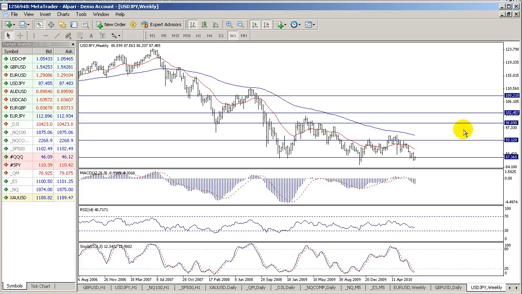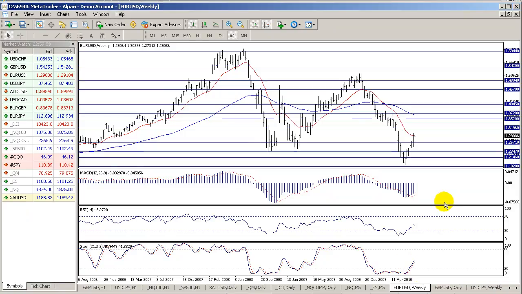And now let me go briefly to the euro-dollar chart, just to address the large rally of the single currency that we've seen for the past 2 months or so. You can see a completed flat ABC pattern here from the 2008 top, which means that the euro may have already reversed to the upside.